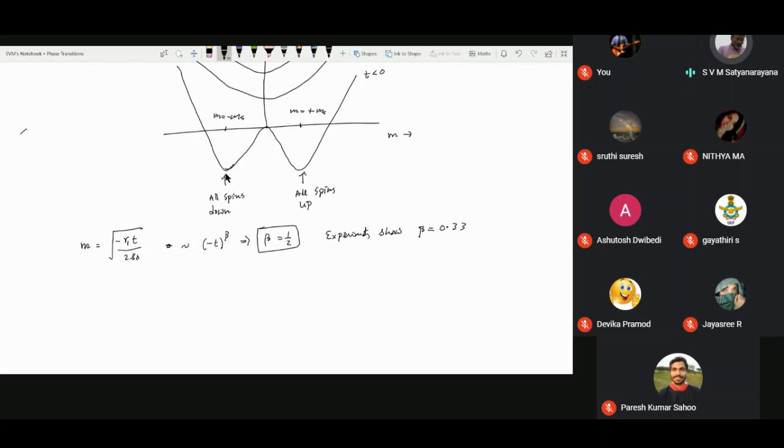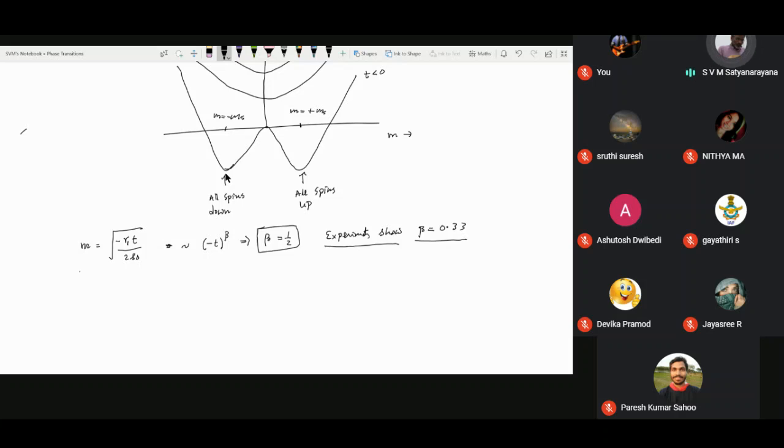Now, with respect to the critical exponent, as we have seen, m is like this, so if I write it in this fashion, from this theory we get this beta to be half. So this exponent is half, but experiments show this exponent to be something like 0.33. So what we are getting from the mean field theory is not the same as what the experiment is giving.